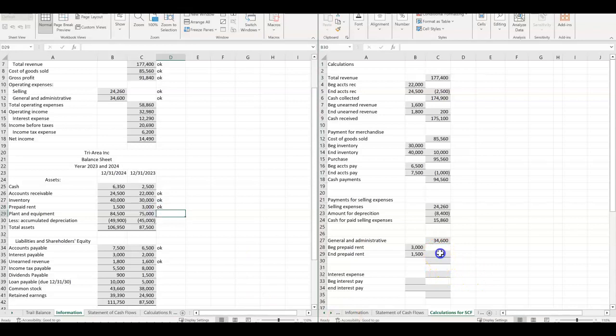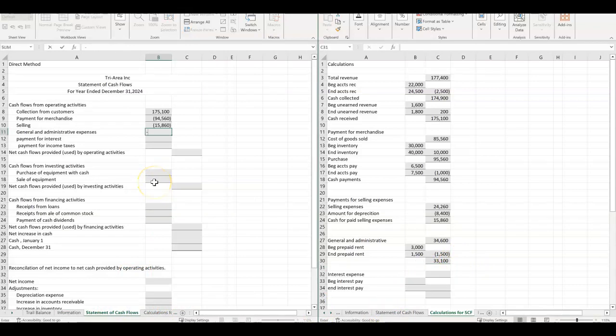And difference of 1,500, and since it went down, we did not replace it. So we paid out less. Some of the expenses are going to be overstated, so we would subtract it off. Plus 1,500, so we actually paid out 33,100. Because that's what we're trying to find on this, is how much cash did we actually pay out. So it's negative 33,100.